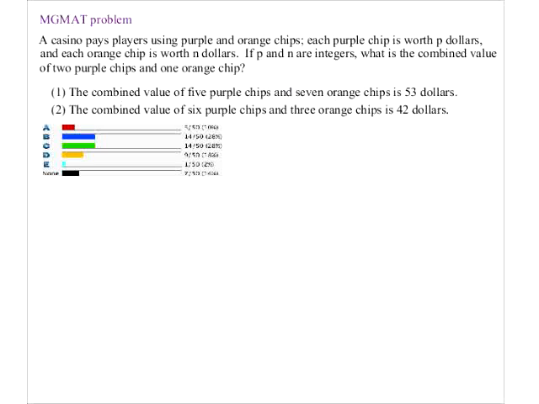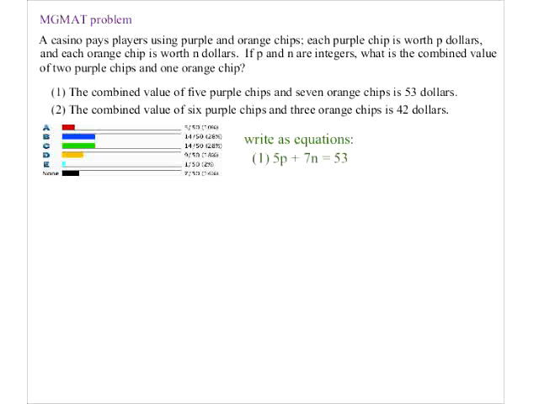Let's talk about it. You got purple and orange chips. Okay, so you can at least write these as equations. So, let's do that. The first one winds up giving us that 5p plus 7n is 53.